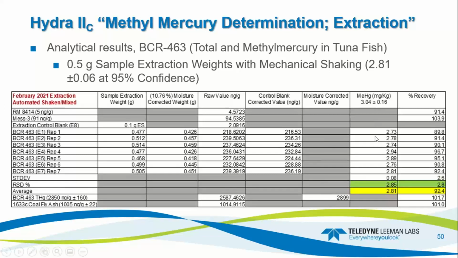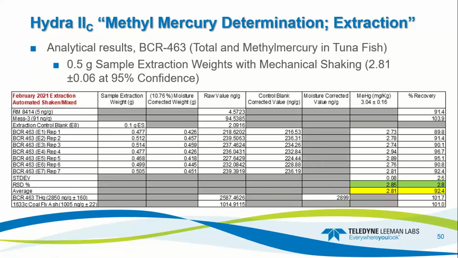And then the methyl mercury after that conversion, we have percent RSD of 2.85 and an average of 2.81, or 92.4% of the certified value at 3.04.